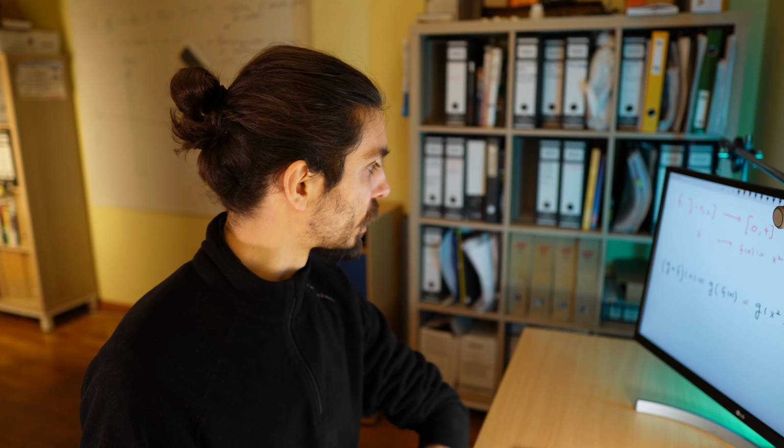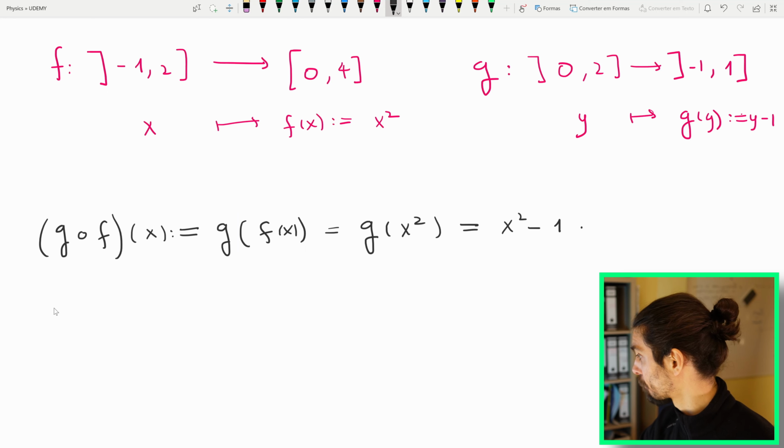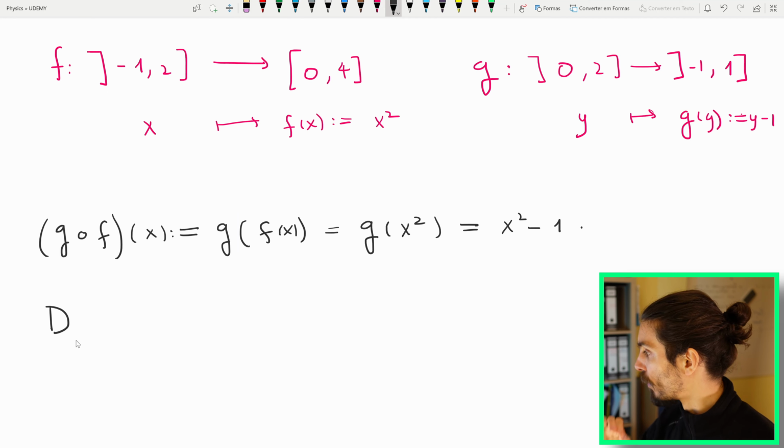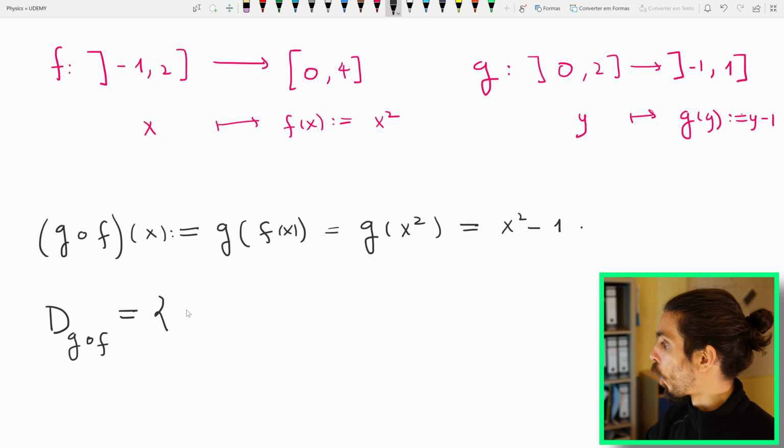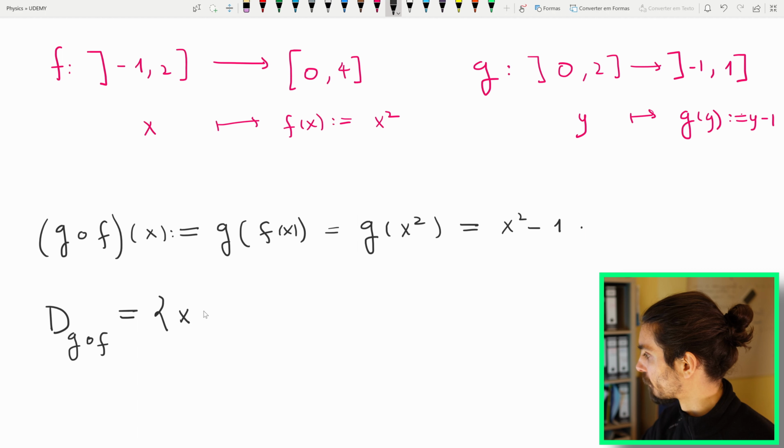Now, what is the domain of such a composite function? Well, let's see. By definition, as we saw in the previous video, the domain of g of f must be all those x's that live in the domain of f, as long as their images, meaning f of x, belong to the domain of g.